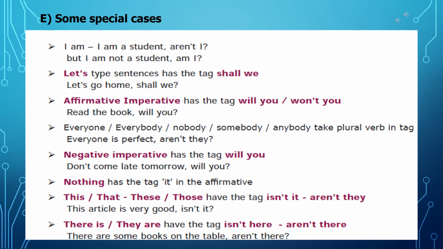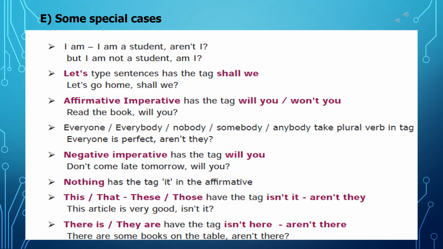All sentences which start with let's will have shall. The next one, affirmative imperative, has the tag will you or won't you. For example, read the book. It's a positive sentence. Will you? Next one.